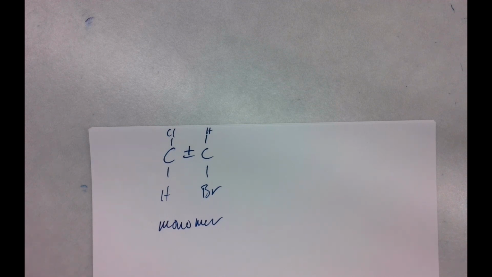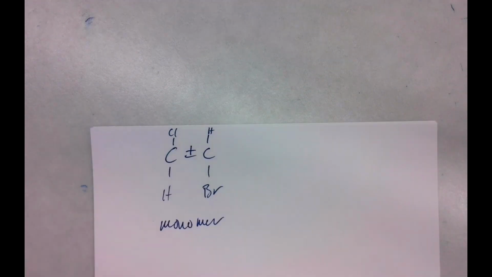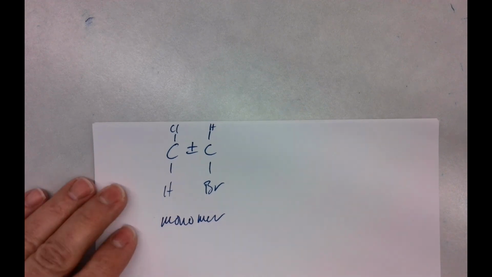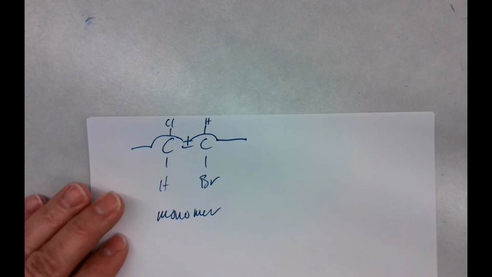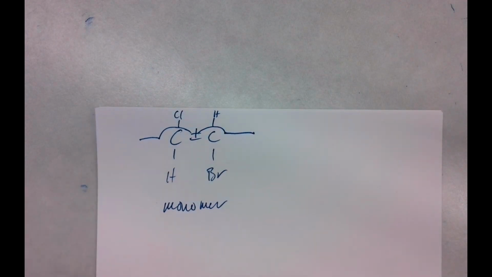Make another bond, right? So basically it's like a gate. This side opens up and creates a bond out here. This side opens up and creates a bond out there, right? So this is going to open up and come over here. This is going to open up and come over there, right? When it does that, it's going to create a what? What does every polymer contain a whole bunch of?